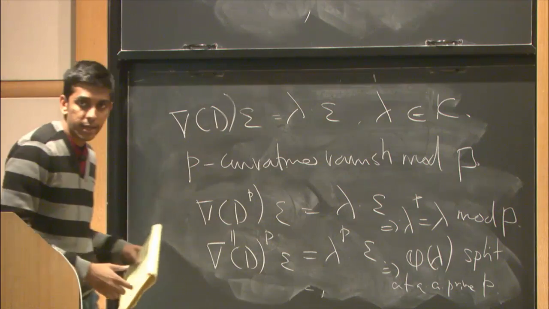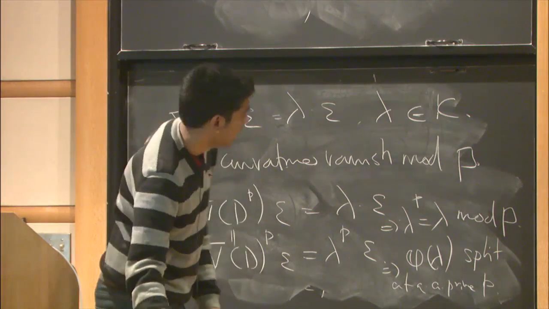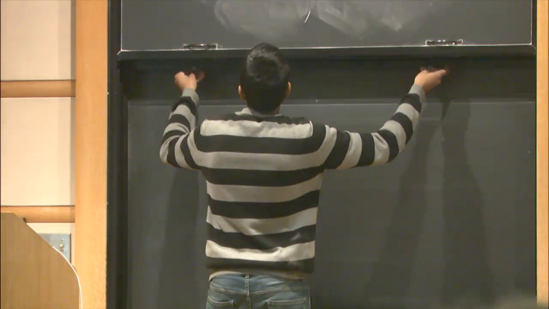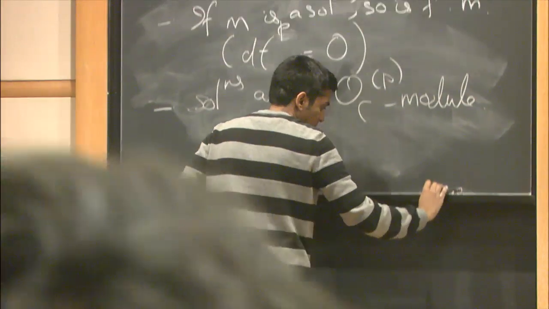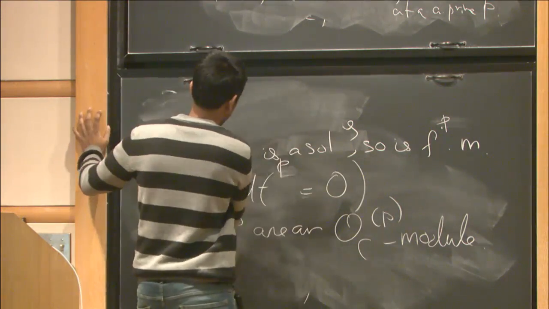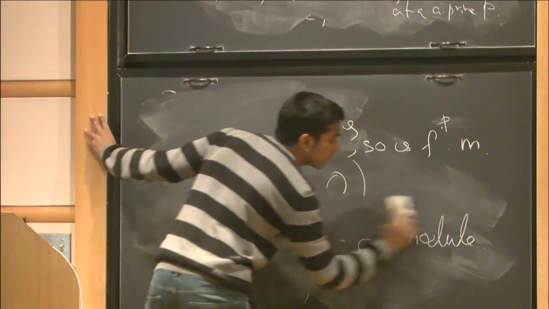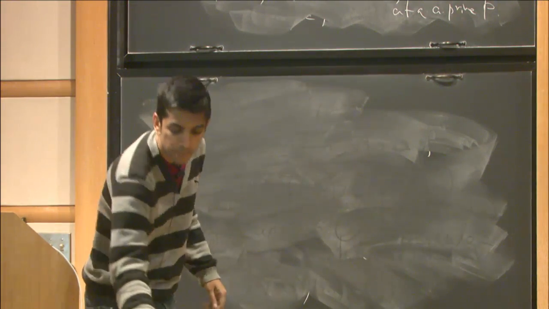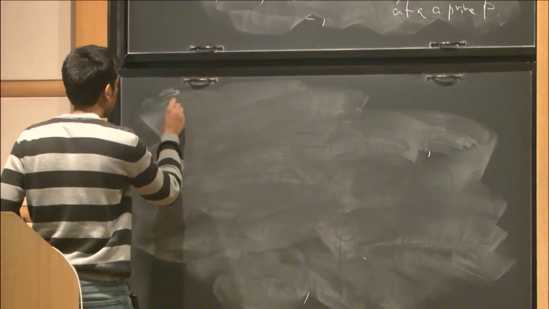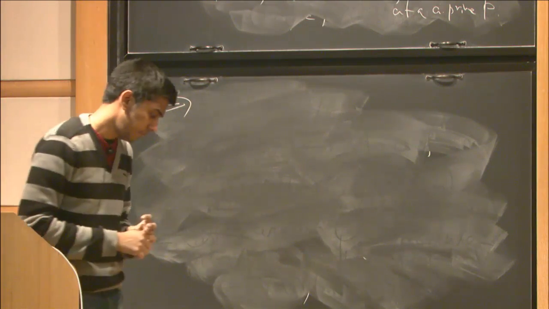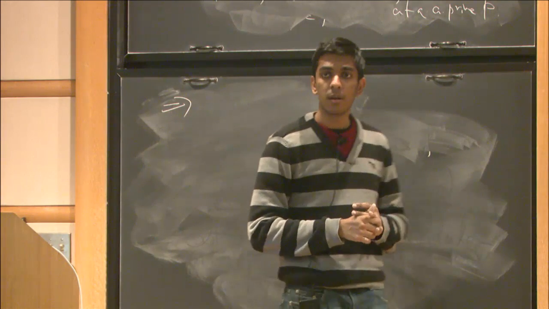And by the Chebotarev density theorem, this is going to tell you that lambda is a rational number. This suggests that maybe the conjecture shouldn't assume all p, but just much less.